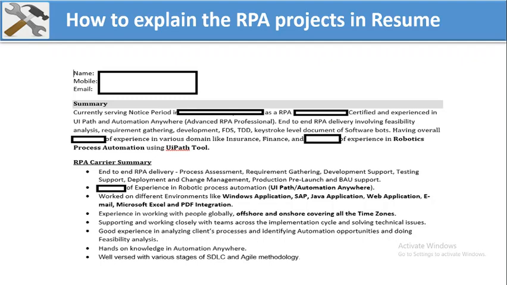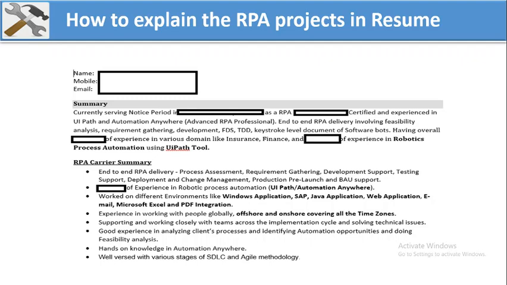Here I suggest you highlight the best things you have done, the tools you have used, and the certifications you have done. Give the summary in a brief way, but it should cover the major things you have done and your area of expertise or skill sets.